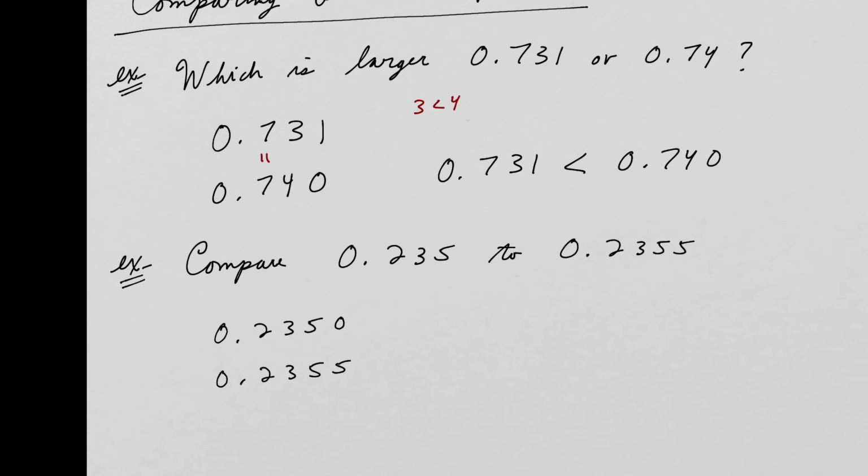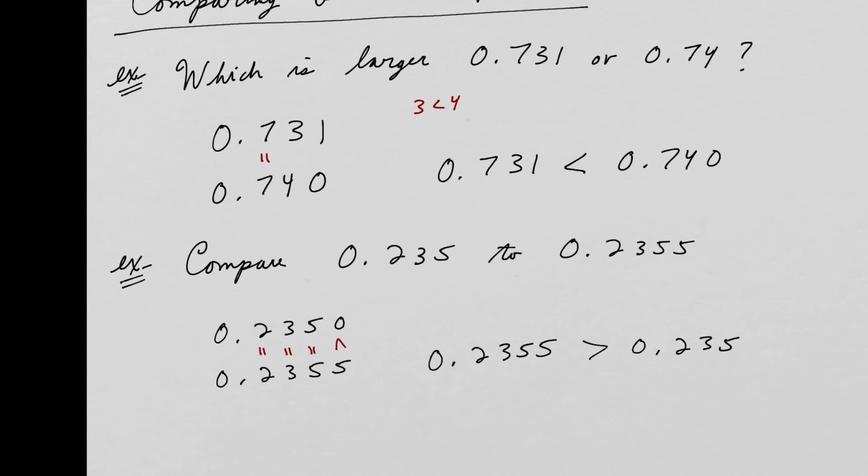So notice here that if we compare the 10th place, the 2's are equal. So that's fine. So we have to move over to the 100th place. Oh, the 3's are equal. Move to the 1,000th place. The 5's are equal. Move to the 10,000th place. And then we can see that the 5 is greater than the 0. So that means that this number is greater than this number. 0.2355 is greater than 0.235 because it's really the same as 0.2350.